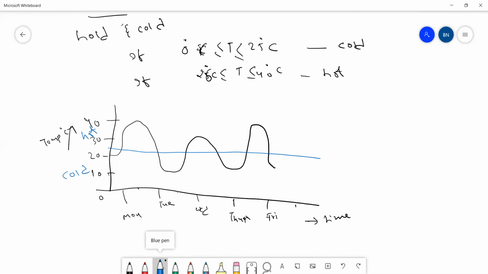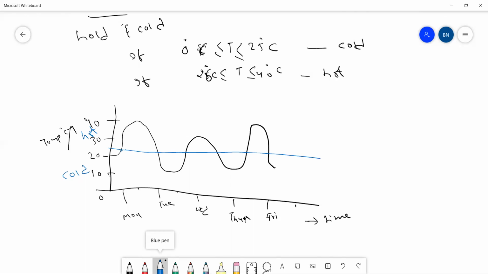So it is the binary representation of the analog signal, where we are taking one sample per day. We take one sample on Monday, one on Tuesday, one on Wednesday. For example, on Monday this is the temperature.